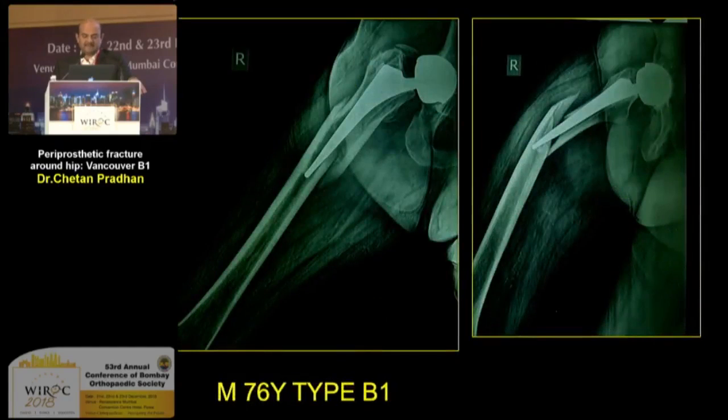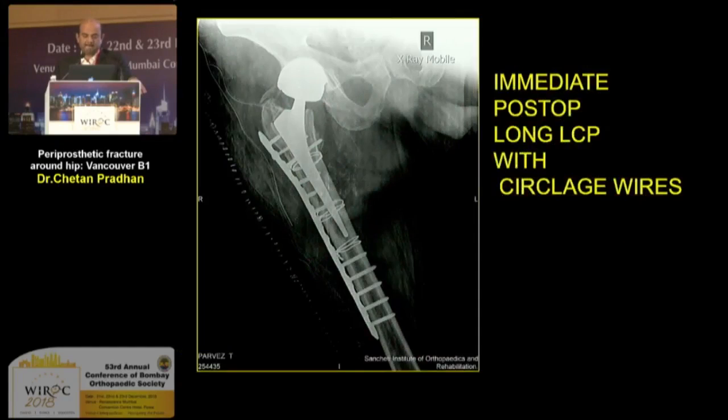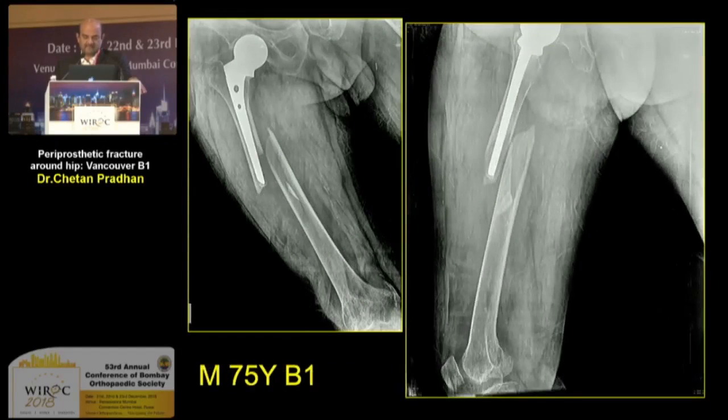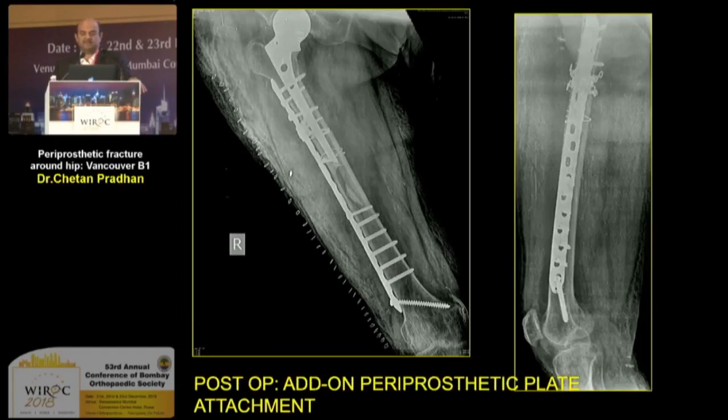Another example, a 76-year-old type B1, long LCP, similar cerclage wires. Yet another example, similar fracture. Now here I have used the locking attachment plate.